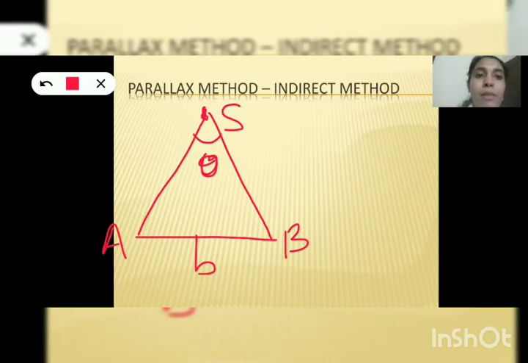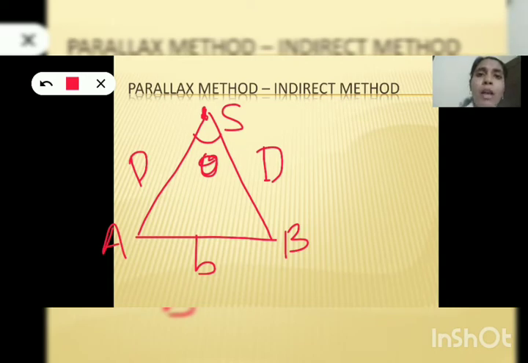Here, S represents the sun. A and B represent two different observatories which are located at two different positions on Earth. Now, the distance between observatory A and the sun, let it be D, capital D. Now, the distance between observatory B and the sun will be again the same distance D, because both the observatories are located on Earth.